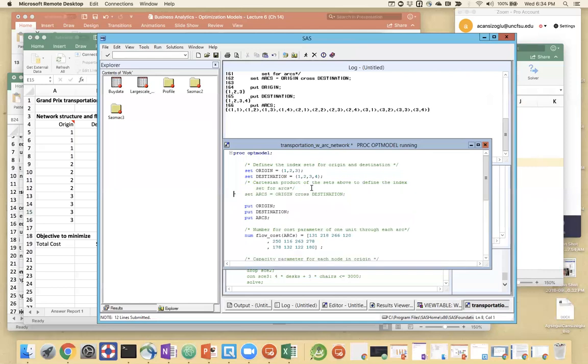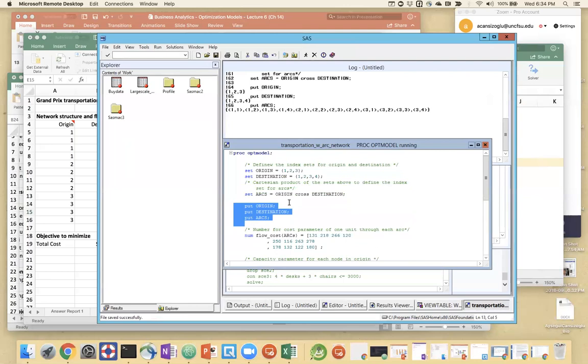But one of the things I want to emphasize in this lecture, because this is a more advanced class of optimization, is that instead of writing things one by one, it's better to write in a more concise form, especially in the industry, because the problems are going to get bigger and more difficult. So it's better to keep your code and data as small as possible.